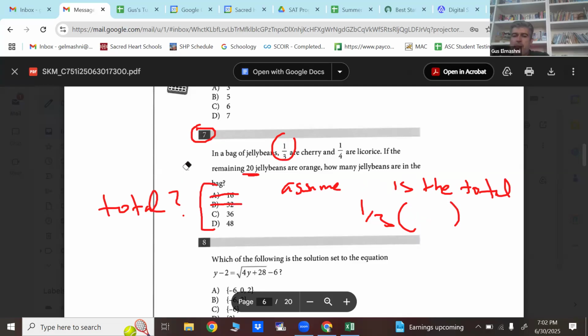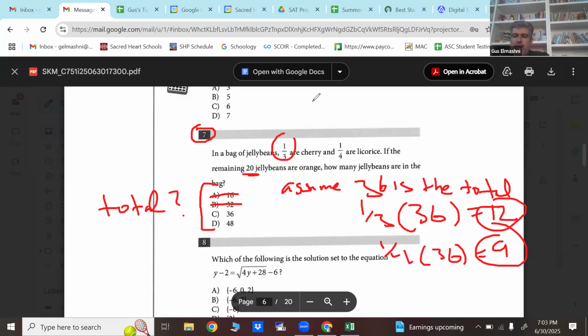So now let's assume that 36 is the answer. 36 is the total. What's 1/3 of 36? 12. Okay. What's 1/4 of 36? 9. Good. So I got 12 cherry, 9 licorice, and 20 orange.